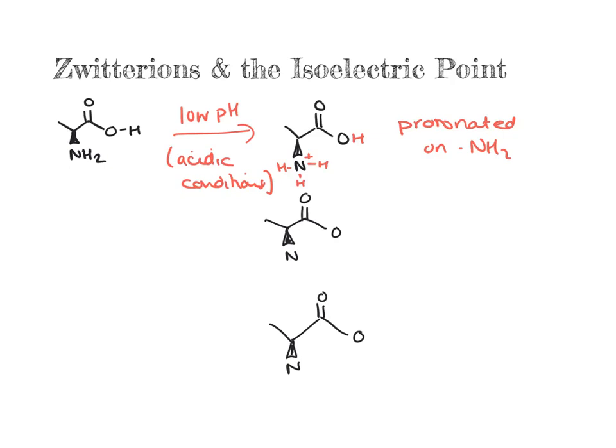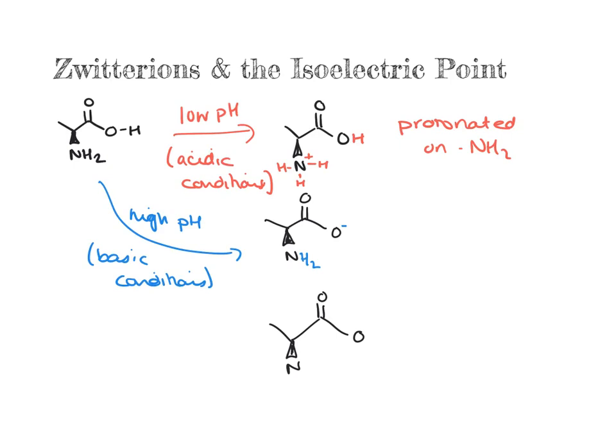In high pH conditions or basic conditions, we get something different happening. So here, in basic conditions, we end up with our amino group unchanged, still NH2, but on our acid end, because it's a basic condition, we end up deprotonating the acid.